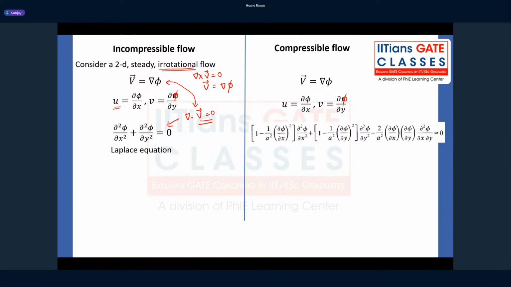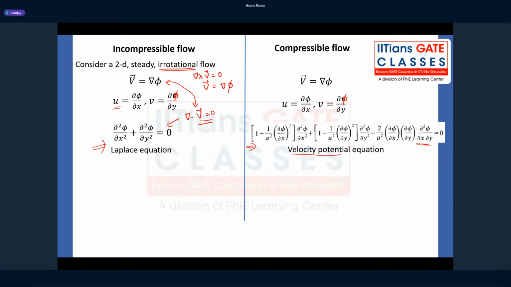You can see this is a velocity potential equation. We can't call it a Laplace equation because there are terms involving mixed derivatives, and there are nonlinear terms, right? So for an incompressible flow I have the Laplace equation, while for a compressible flow I have a different equation, again in terms of phi, which is called the velocity potential equation.